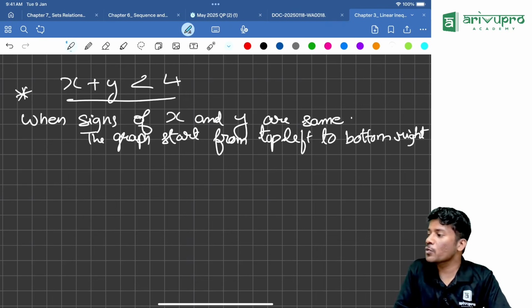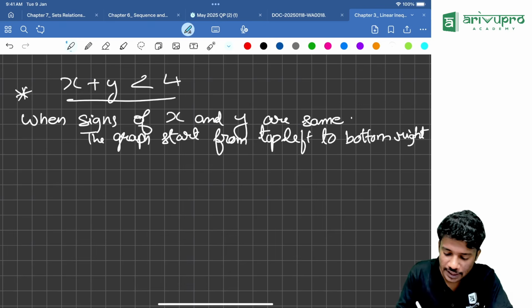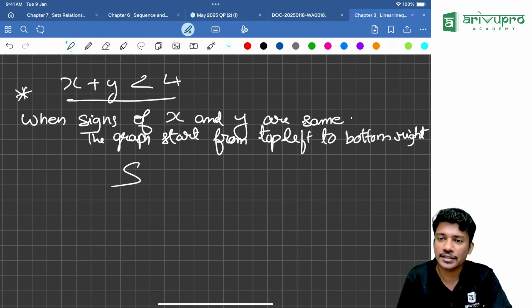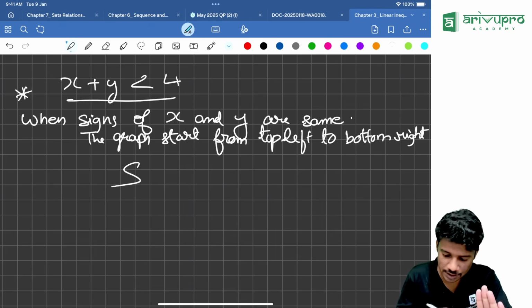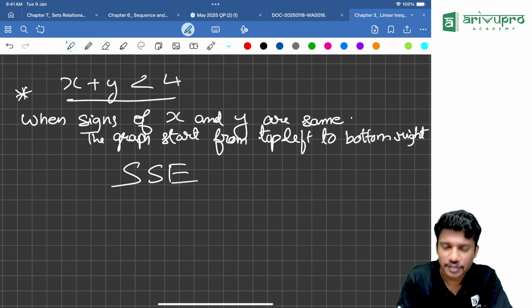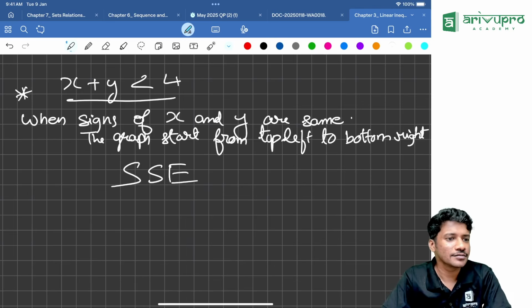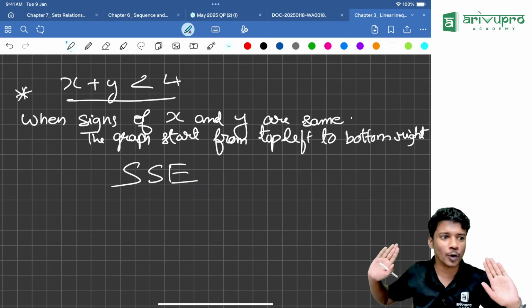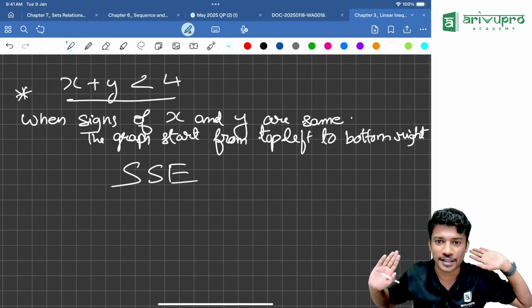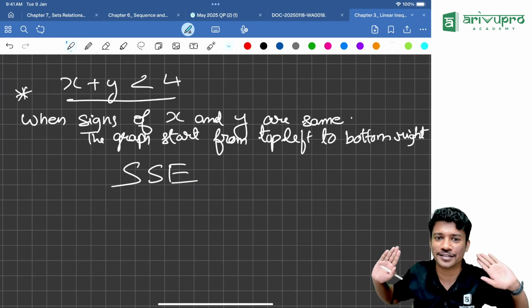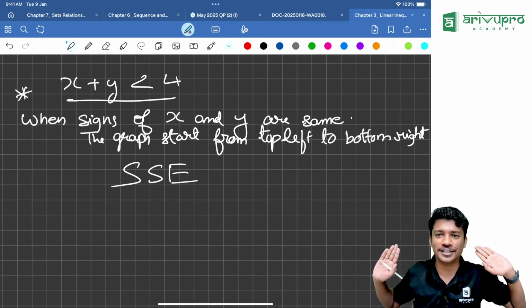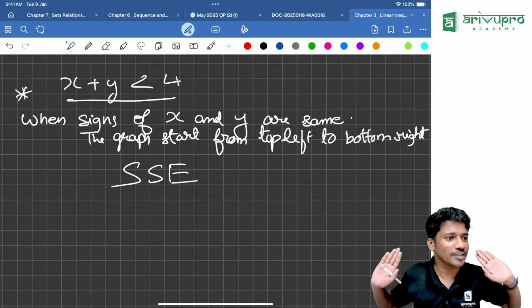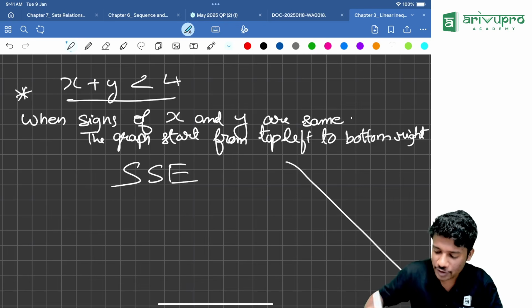I will teach you one trick. Same sign means what? Southeast. Do you remember? Always remember that. If you know direction test, you can connect it. Otherwise, you will be like, sir, what is southeast? Southeast means the graph will be like this.